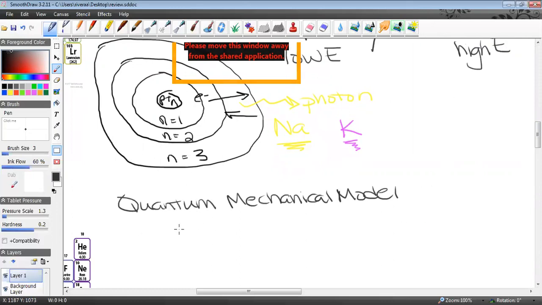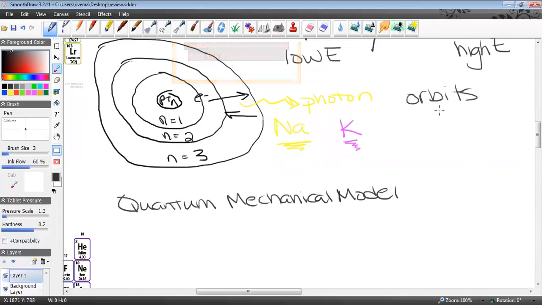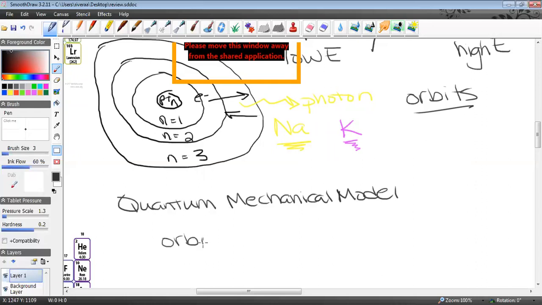This quantum mechanical model is different from the Bohr model because the Bohr model said that the electrons were in set circular orbits, okay? The quantum mechanical model of the atom recognizes that we don't actually know for sure where the electrons are. Instead, we say that the electrons are not in orbits, but they're in these things called orbitals. They're not so different, you guys.